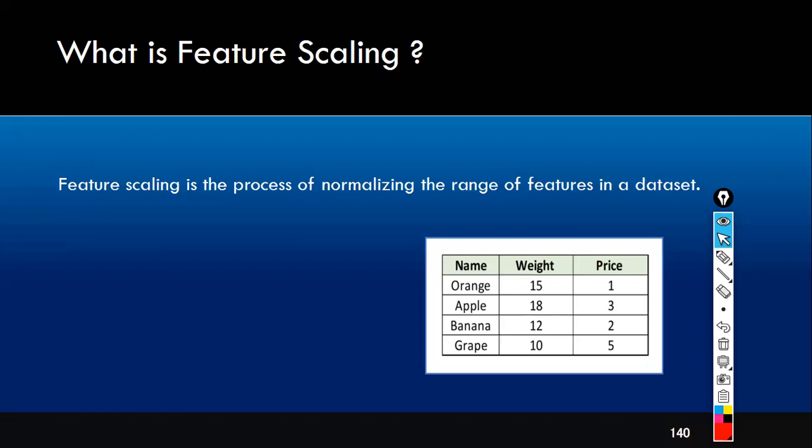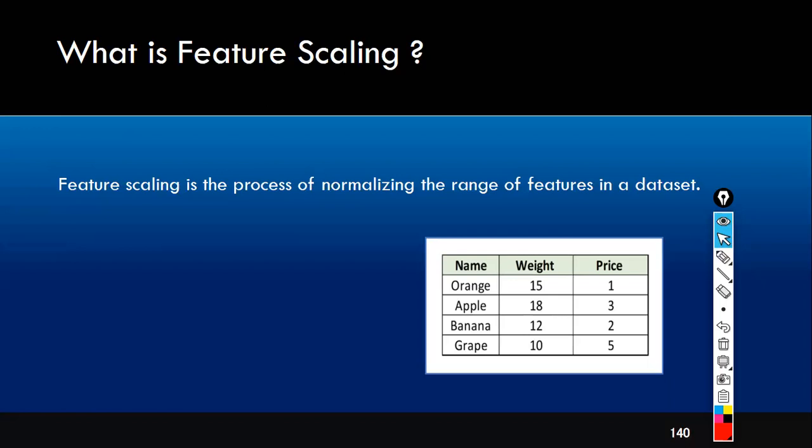So what is going to happen if I keep it like this while training the model? The model will give more weightage to the column with larger values. In this case, the weight cannot have a meaningful comparison with the price.